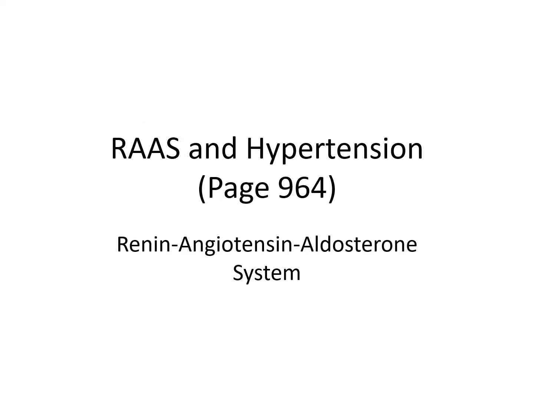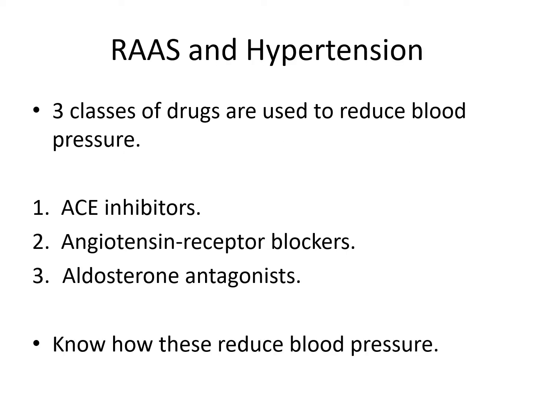Now, two important physiological processes that we mentioned earlier are the renin-angiotensin-aldosterone system and its relationship with hypertension. To treat this, 3 classes of drugs are used to reduce blood pressure. These are ACE inhibitors.